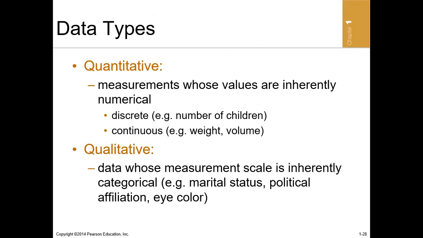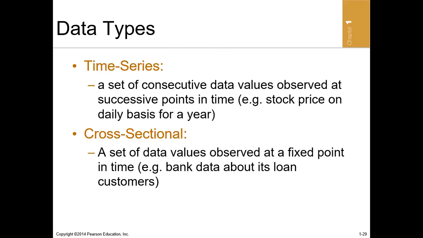Okay. Now, time series data is consecutive data values observed at successive points in time. So for instance, if you collect data on somebody's income for the past 10 years, it is time series. The reason is that it is one unit, just one person, but at several years.